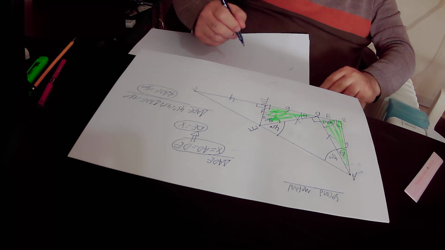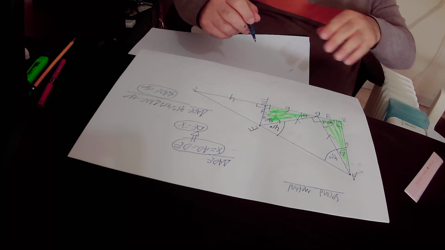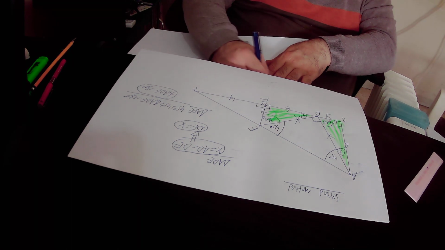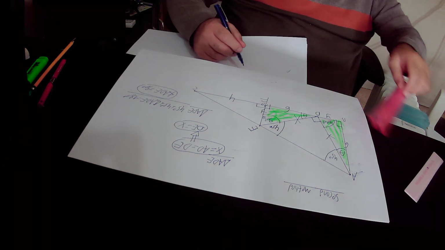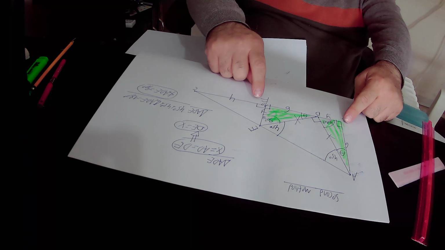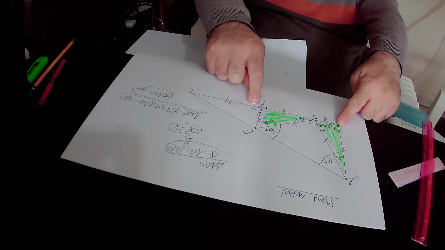So why are those two right triangles similar to each other? First of all, they both have a right angle, so those two angles are equal to each other, they are both equal to 90 degrees.